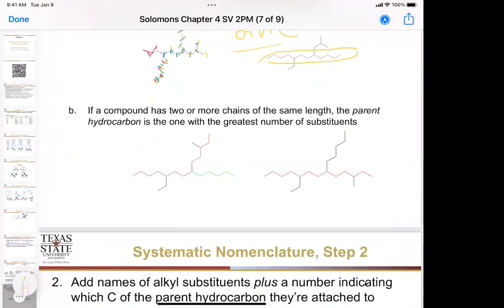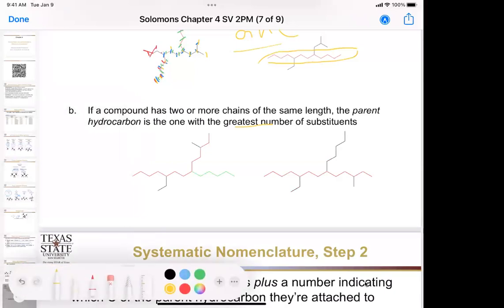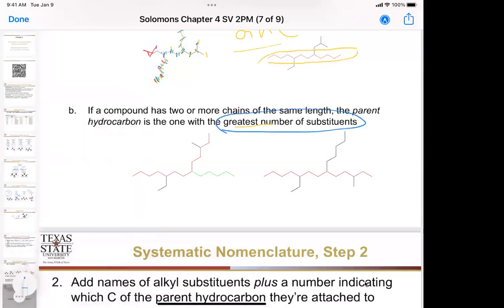Rule number 2 is if you have a choice by where the longest chain is, you want to do the one with the highest number of substituents. And the reason we do that is it makes it easier to identify them by their location. So in this case over here, where you could have the main chain go along this side here, we would end up with 1, 2, 3 substituents.